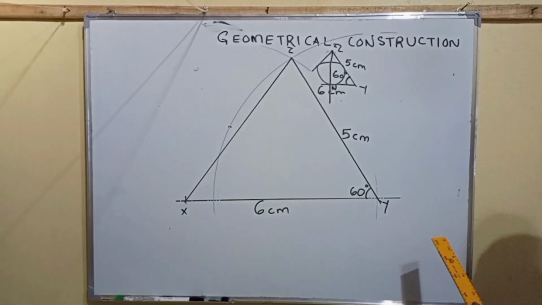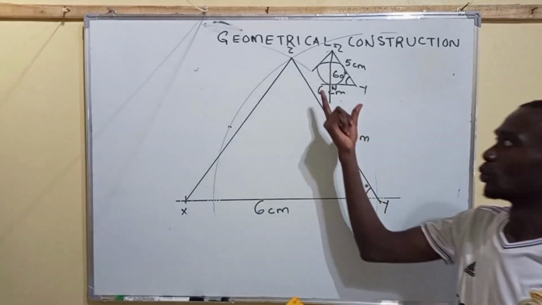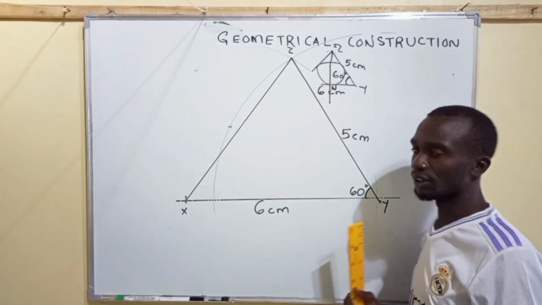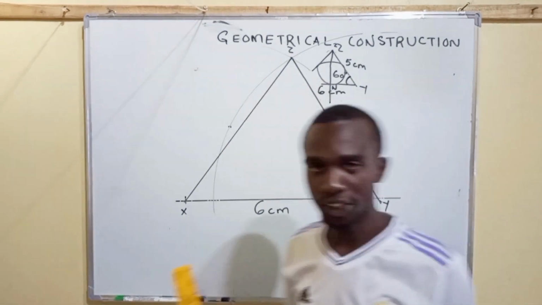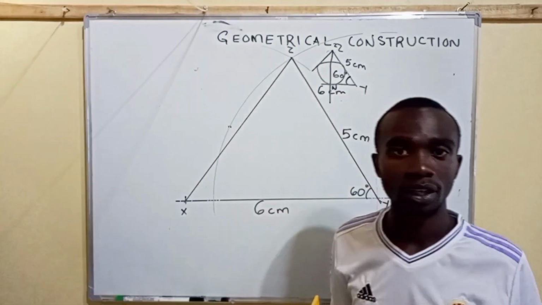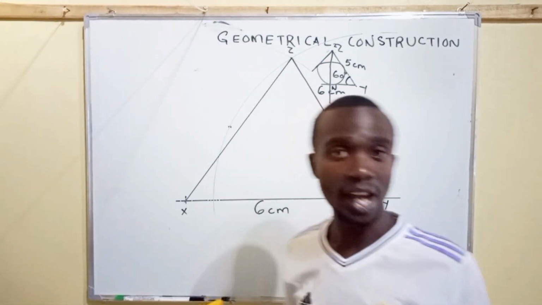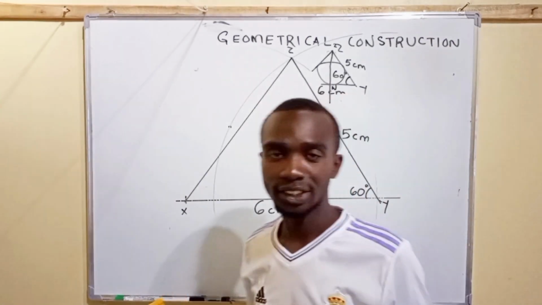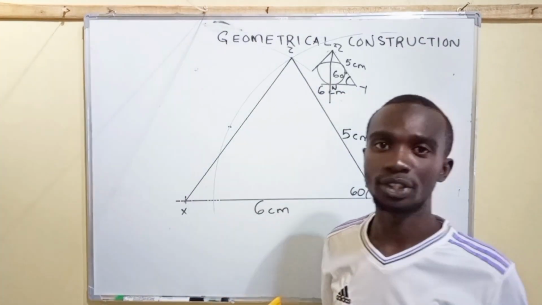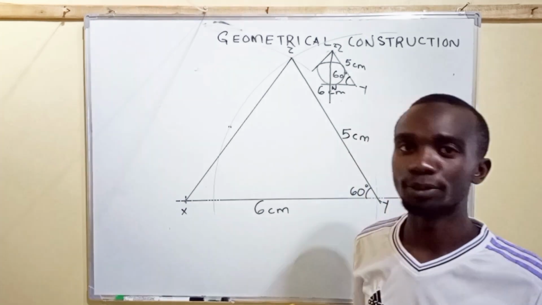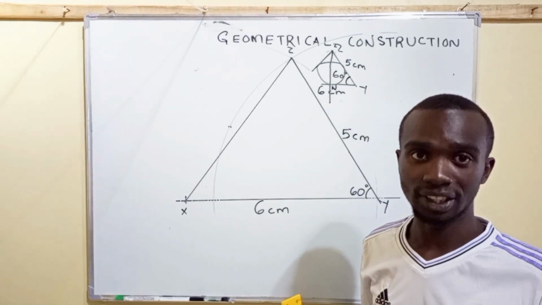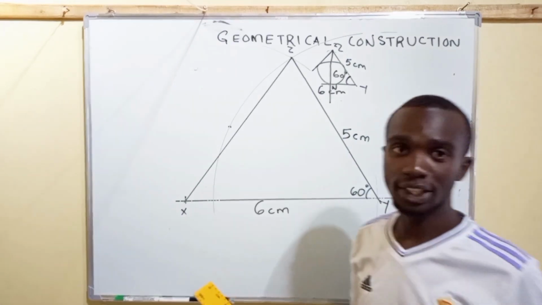From that point, we were to draw a circle touching the sides of the triangle. For us to draw a circle touching the sides of a triangle, we bisect any two angles. Where the angle bisectors meet is going to be the center of the inscribed circle.